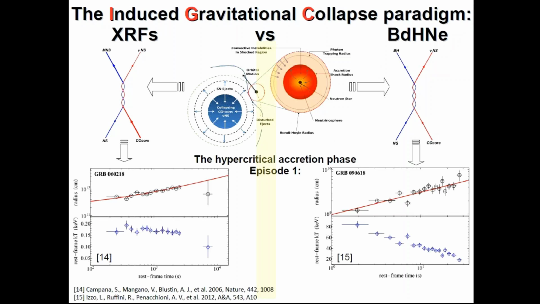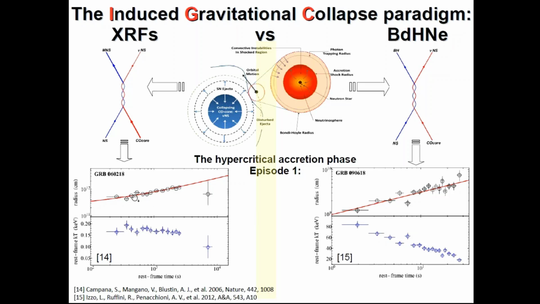So I think the comparison was just to show that they have episode 1 in both cases: a thermal component in the beginning of the gamma-ray light curves. This is for an X-ray flash, 060218. This is for a BDHN, the prototype 190114C.